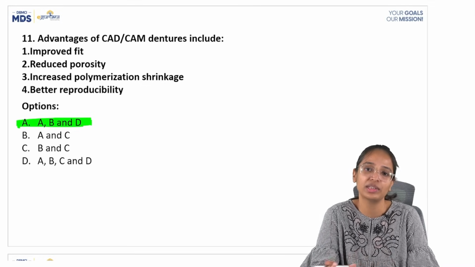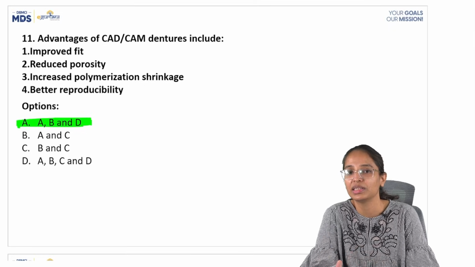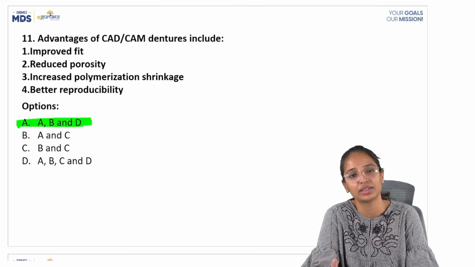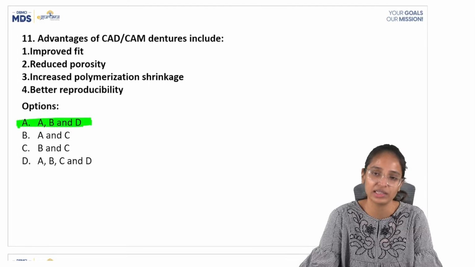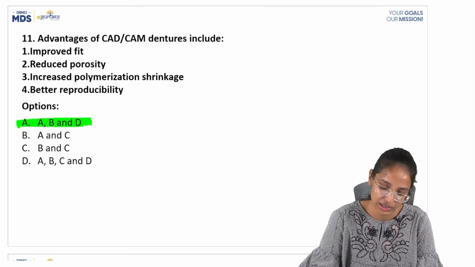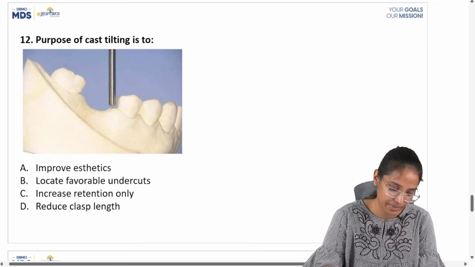This is computer assisted designing, and then there's milling. It's not a standard processing in a flask, which incorporates a lot of shrinkage and other factors. So CAD CAM offers that advantage, and it is definitely pricier than a standard denture, but these advantages are there. So for the 11th question, option A is the answer, quite easy.